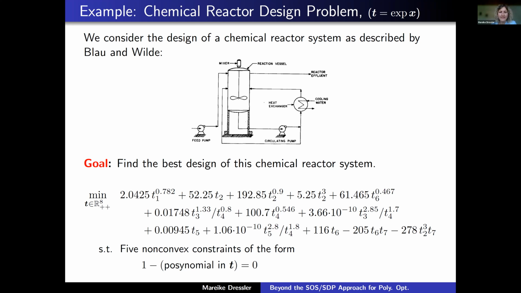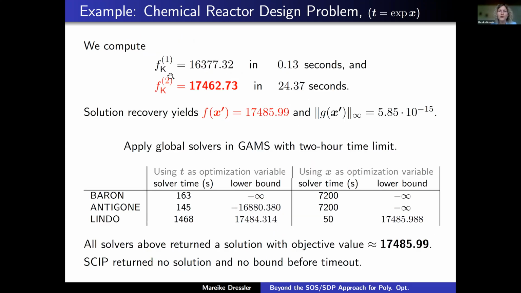So it's also terribly scaled, right? The coefficients in this objective alone span 12 orders of magnitude. So we have to do some pre-processing and scaling before we can attack this problem. And so we solved this problem with our approach. As numerical solver, we used MOSEK, and we computed 2 instances. The first degree bound and the second degree bound gave this bound here in, let's say, 24 seconds.